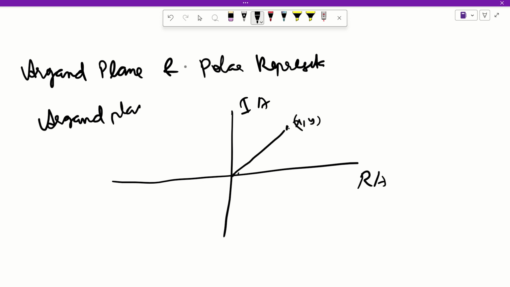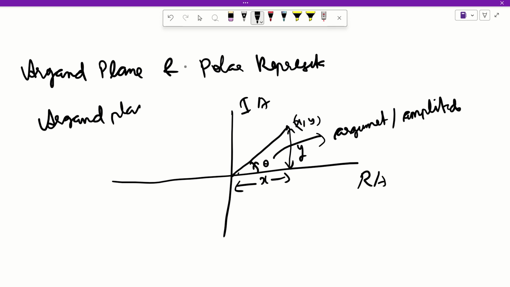The distance from here to here will obviously be y, and the distance from here to here will obviously be x, right? And there will be an angle theta here. This theta will be known as argument or amplitude.